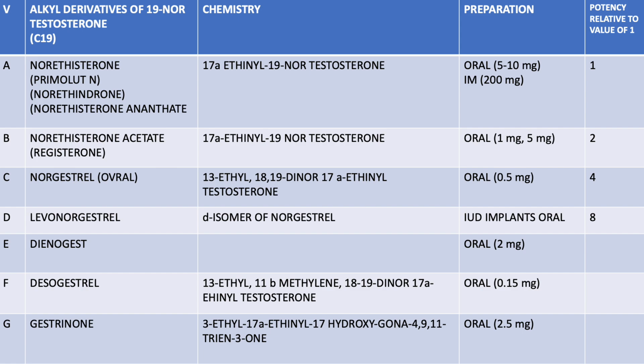Norethisterone acetate is twice as potent as norethisterone. Then norgestrel, which is seen in Ovral G and Ovral L. Levonorgestrel, dienogest, desogestrel and gestrinone. Most of these progestogens are used in oral contraceptive pills.